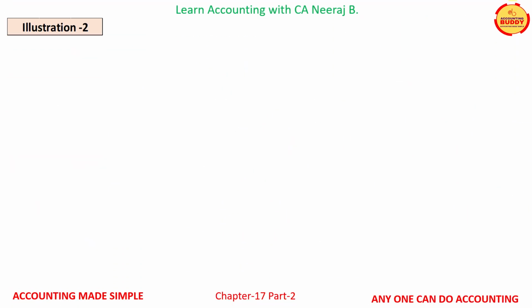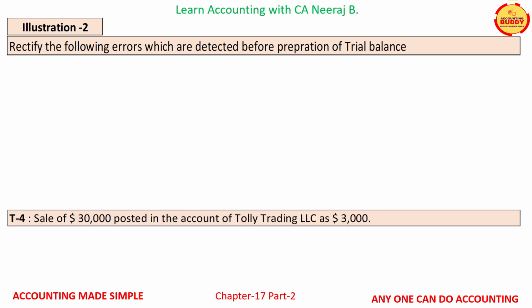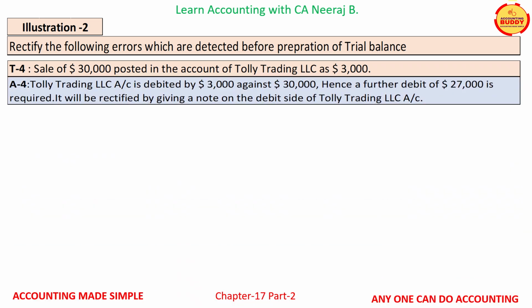Let us take another example. Rectify the following errors which are detected before preparation of trial balance. Error T4 is sale of $30,000 posted in the account of Tolly Trading LLC as $3,000. As a result of this error, Tolly Trading LLC account is debited by $3,000 against $30,000.